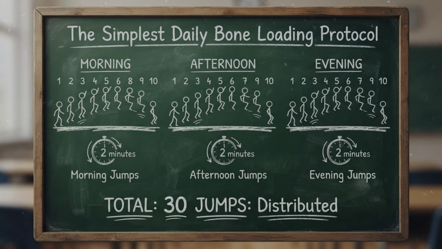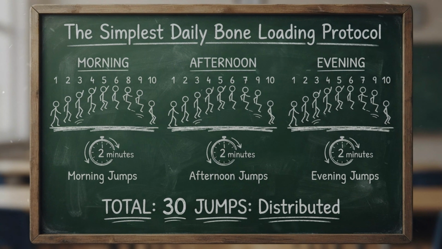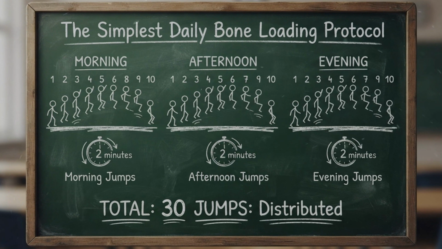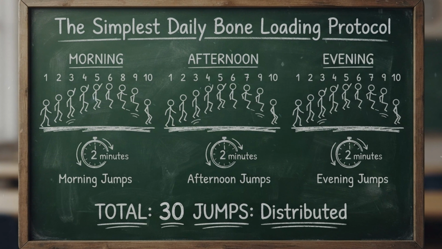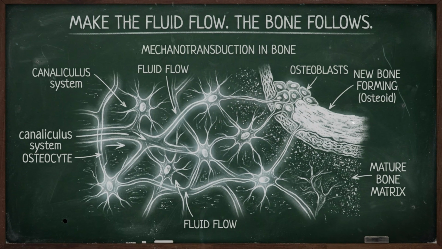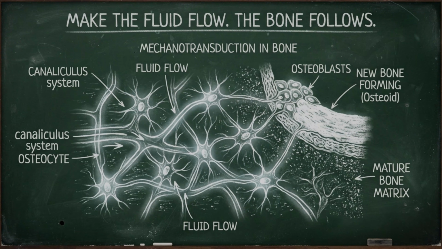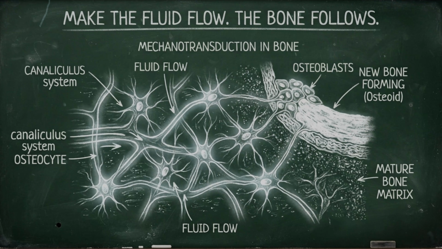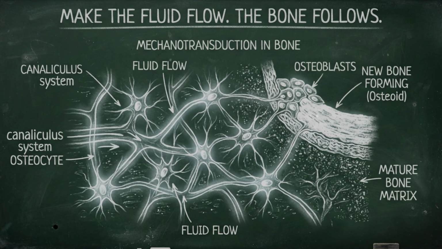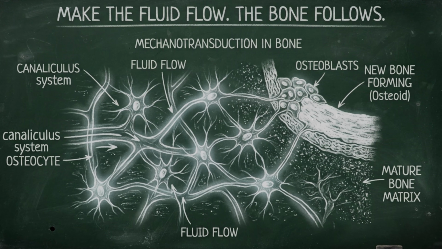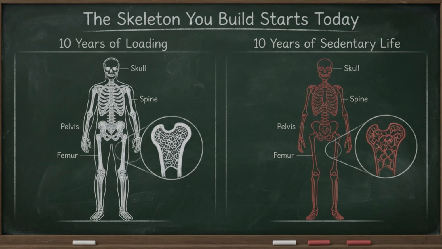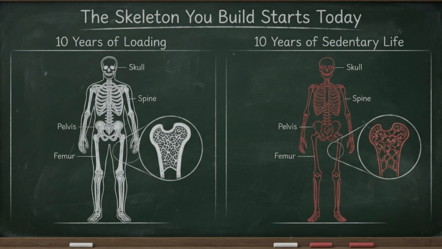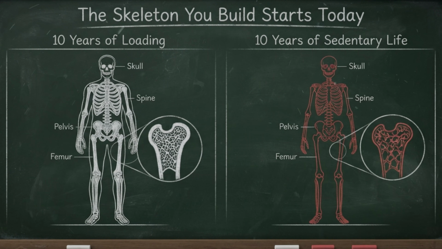Beck and colleagues at the University of Queensland showed in postmenopausal women that a program of 50 jumps per day, 6 days per week, produced significant improvement in femoral neck bone density after 6 months compared to control subjects. The jumps are brief. The program takes approximately 5 minutes, but the impact magnitude of each jump exceeds the anabolic threshold at the proximal femur far more efficiently than any amount of walking.